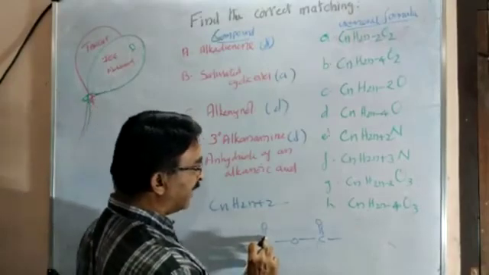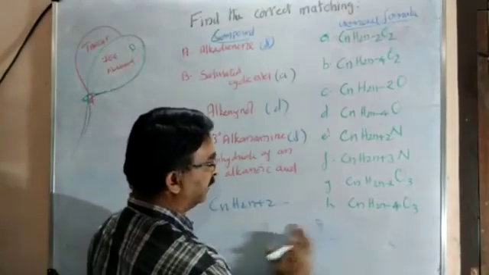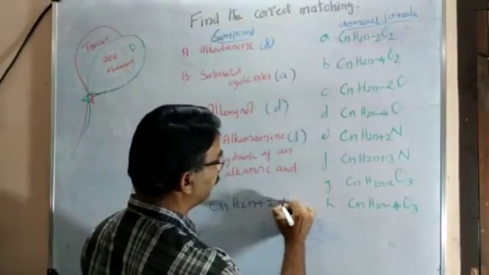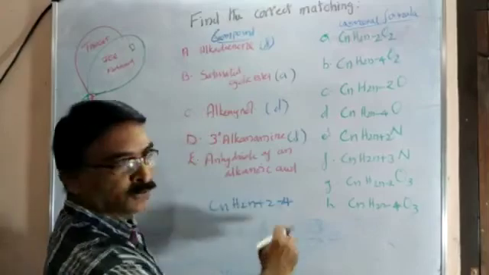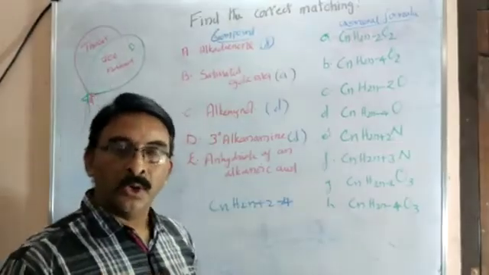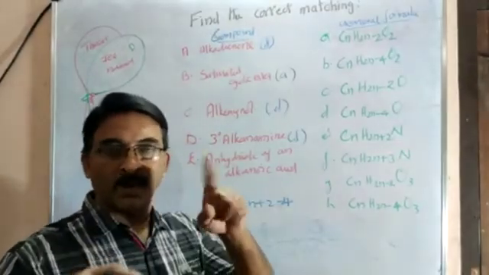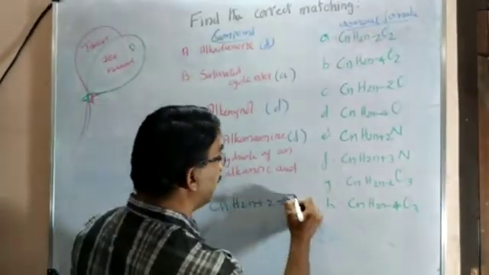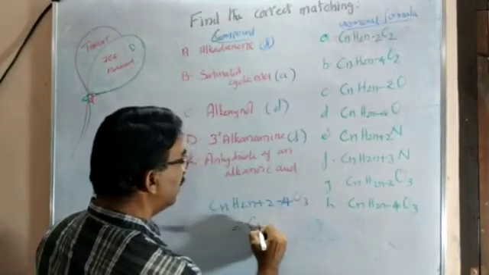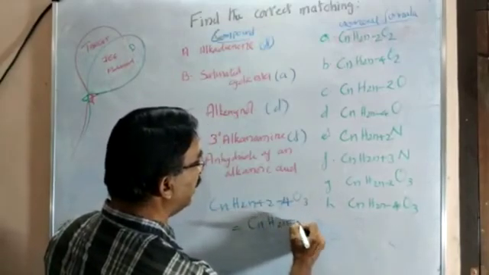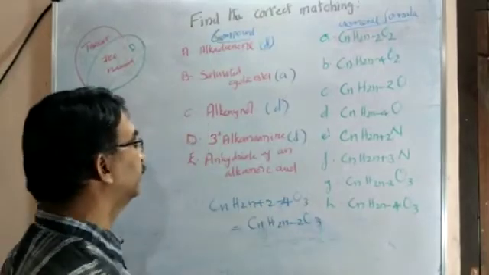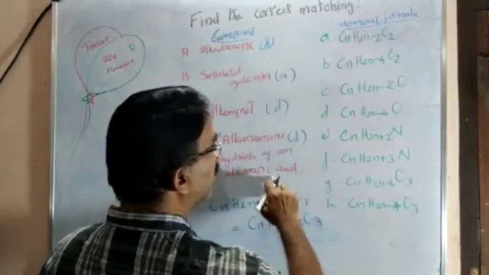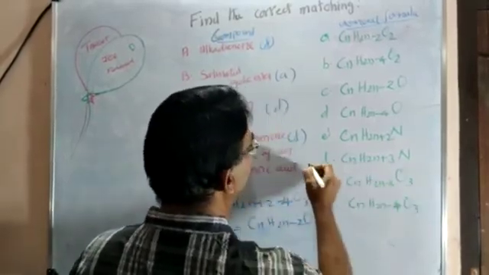So you are replacing 2 plus 2, 4 hydrogens: CnH2n+2-4. Then you introduce two oxygen atoms as carbonyls and one additional oxygen is inserted. So O3: CnH2n-2O3. So E is G.